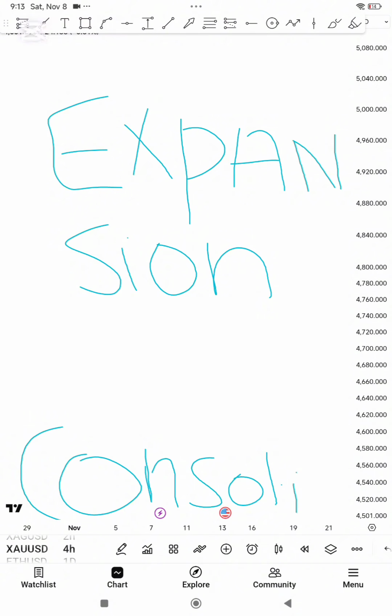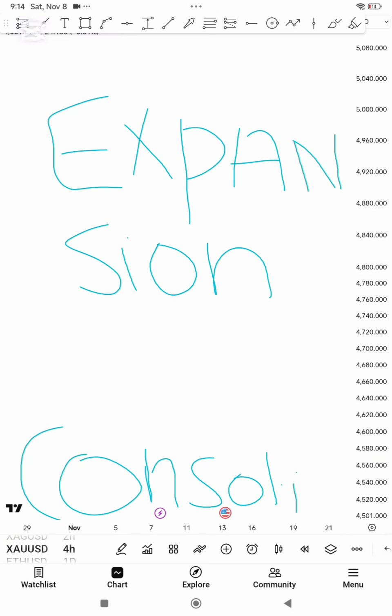And once the expansion starts, the market doesn't wait, it moves with momentum because it already decided its direction during consolidation. After consolidation, expansion is 100% confirmed. There will always be expansion after consolidation, because in consolidation the market stays inside a tight range, and the market cannot stay in consolidation the whole day or whole time. So after consolidation it has to blast, and this blast phase is called expansion.